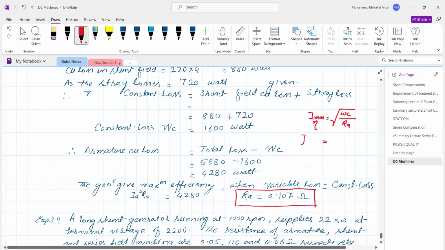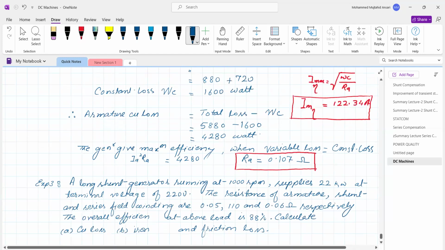So the current under maximum efficiency is equal to 122.34 ampere. So this is the second parameter as per the numerical.